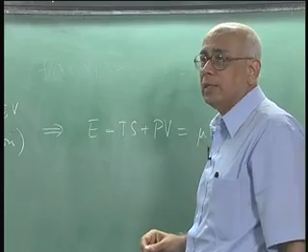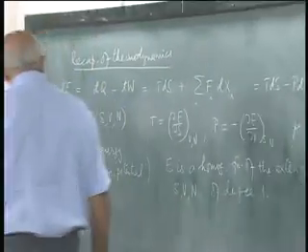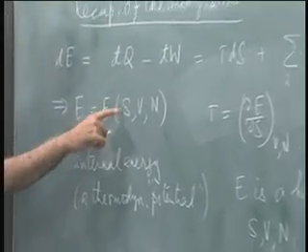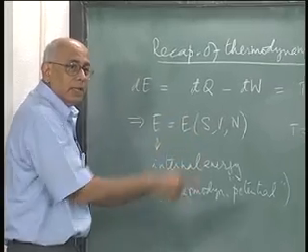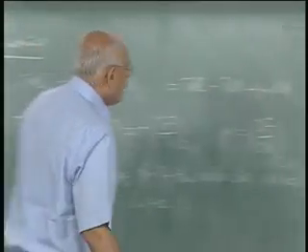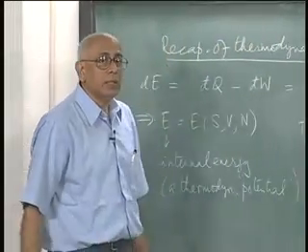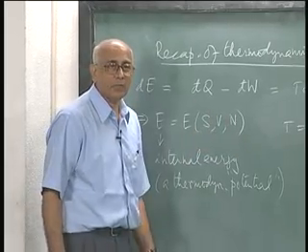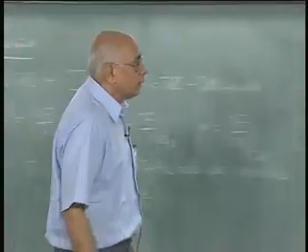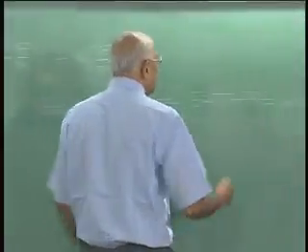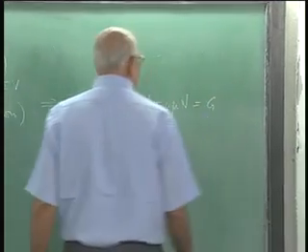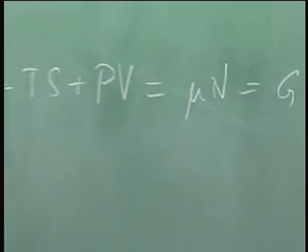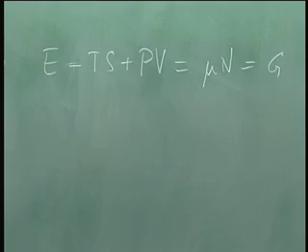It is the Gibbs free energy, because if you do various Legendre transforms, which I will do in a minute, you can look at different independent variables, and the Gibbs free energy is defined as the potential when you have as control variables P, T and N instead of S, V and N. So this is also equal to G, and that gives you an interpretation of mu, the chemical potential.